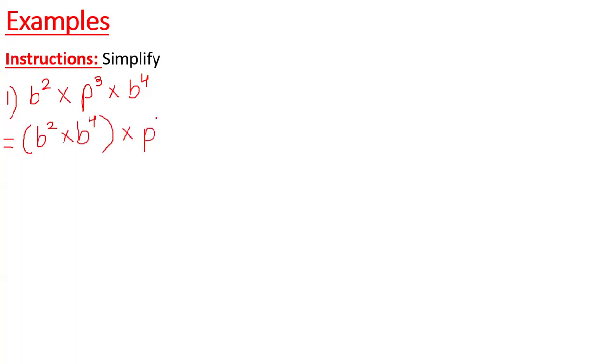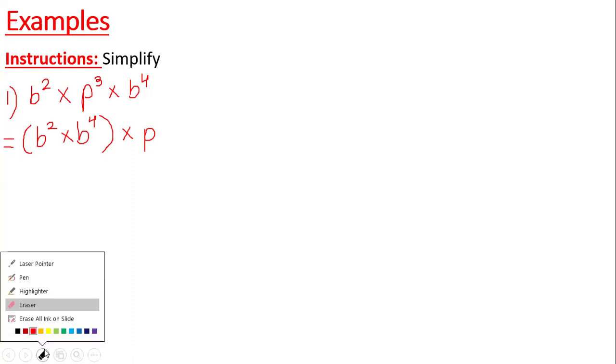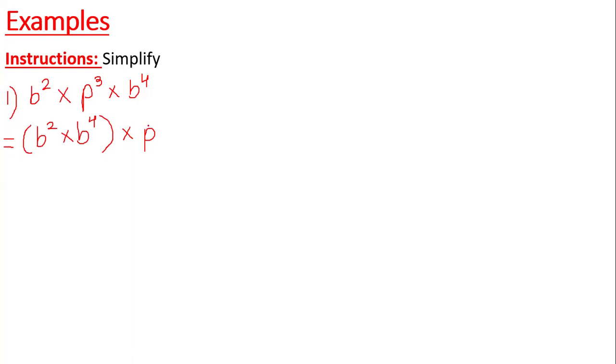So what are we gonna do with b to the second power and b to the fourth? We're gonna add the powers. Very good. 2 plus 4 is 6, so b to the power of 6, multiplied by p to the power of 3.